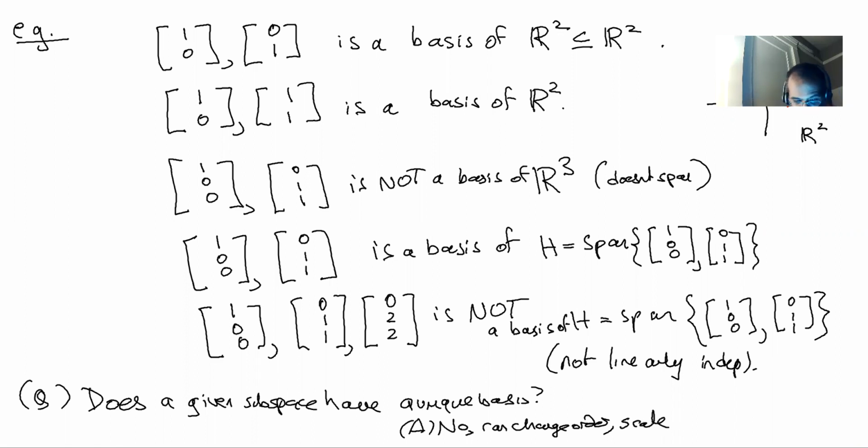So you actually have infinitely many bases of a given subspace. And actually, these two are two different bases of R2, right? So it's not just scaling. As long as you take linear combinations in the right way, you can generate infinitely many different bases.